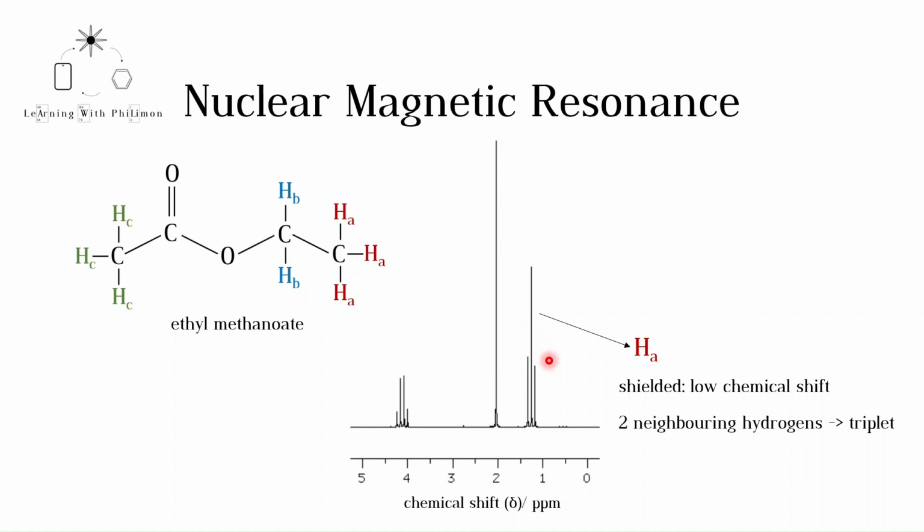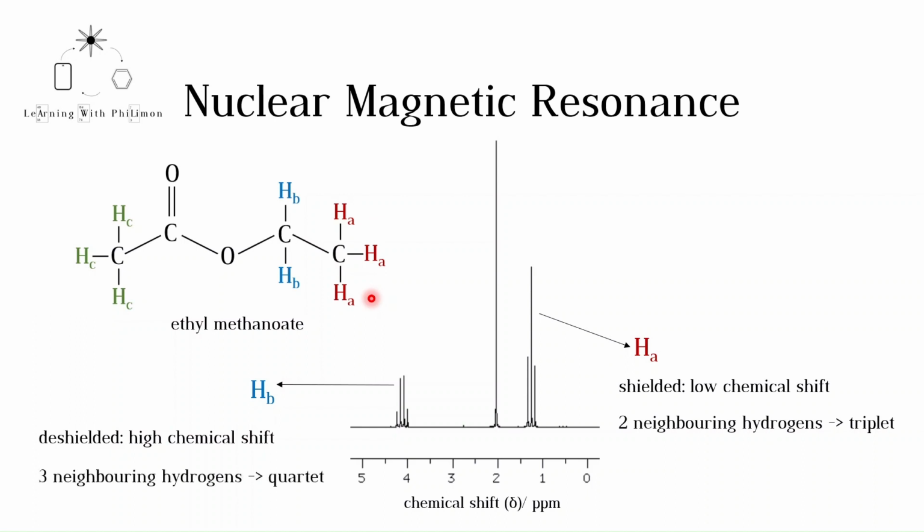Note that this splitting into sub-peaks is not seen in low-resolution NMR spectra. The hydrogens in environment B are closer to the electronegative oxygen atom. They are de-shielded and appear at a higher chemical shift. These hydrogens have 3 neighboring hydrogen atoms, the 3 HA atoms. Using the n+1 rule, this signal should split into 4 sub-peaks.